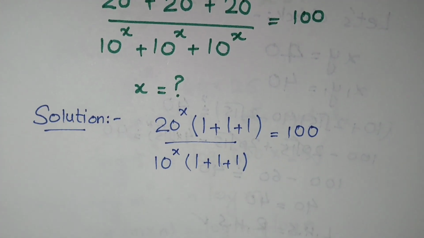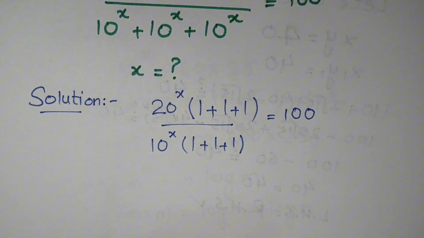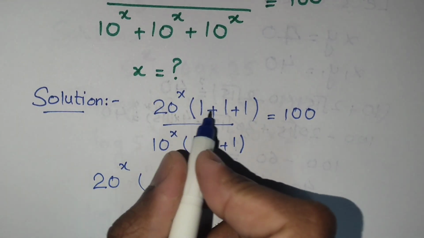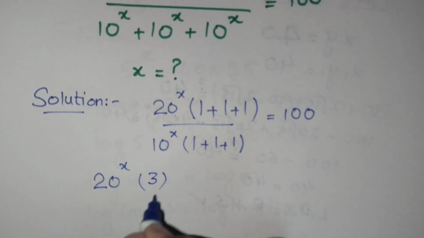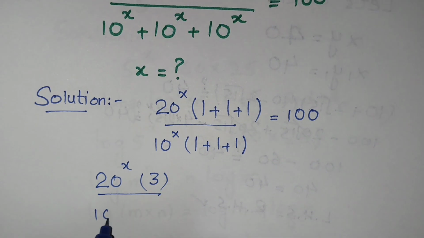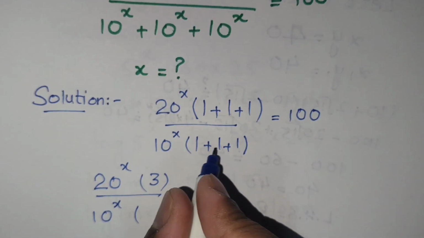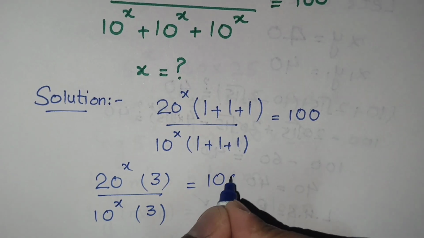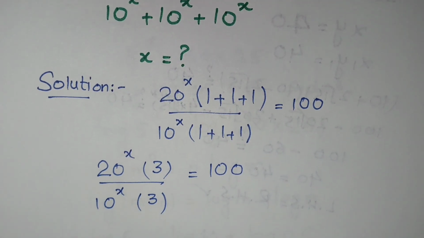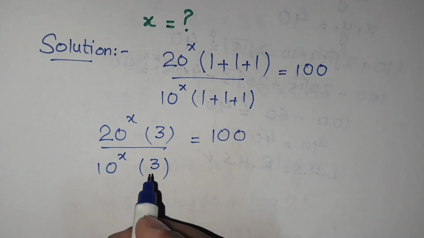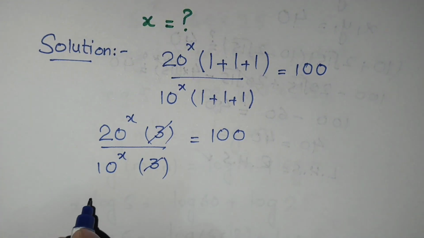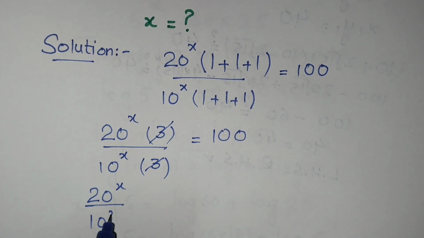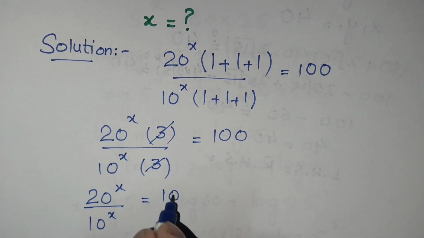Now we can write this as 20^x times 3 over 10^x times 3 equals 100. Now 3 will be cancelled with 3. We are left with 20^x over 10^x equals 100.